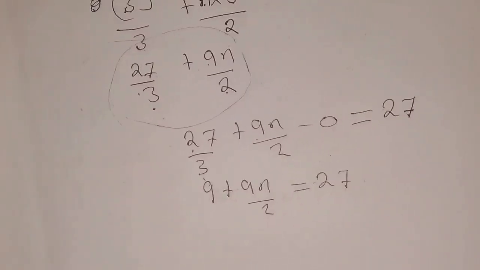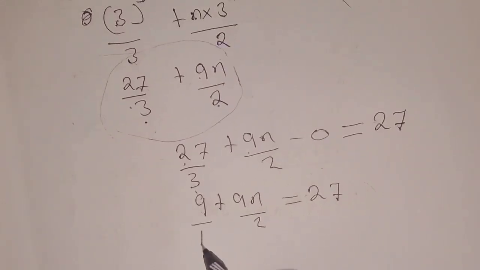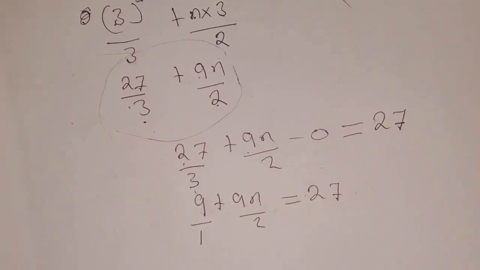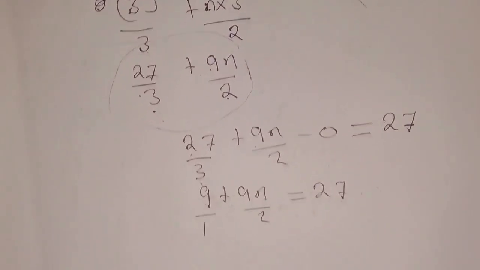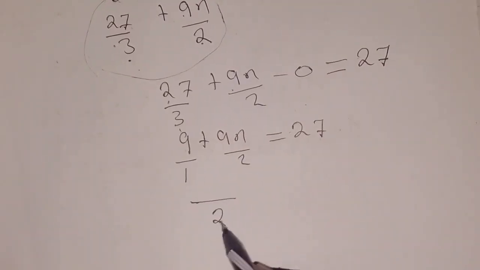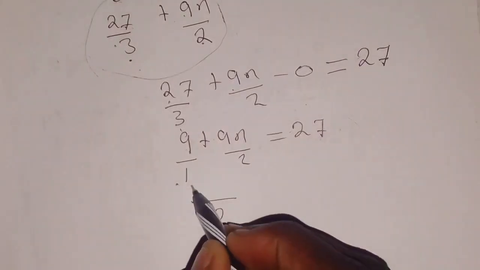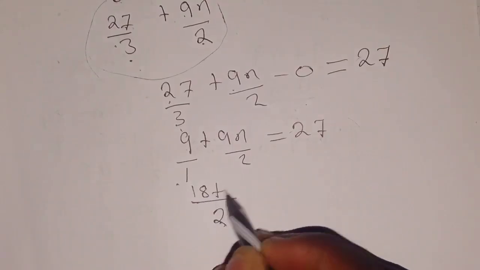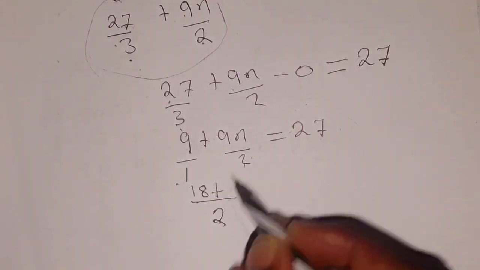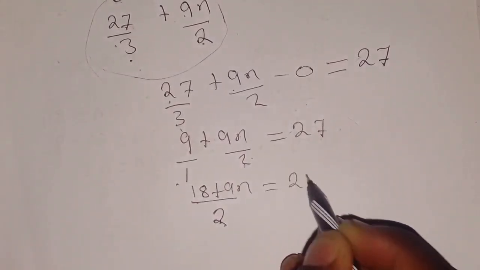Having reached this side, you now find the common denominator. What do I mean by the common denominator? I mean a number which these two can go into without leaving any remainder. So it's 2 itself. 1 into 2 is 2, 2 multiplied by 9 is 18, plus 2 into 2 is 1, 1 multiplied by 9n is 9n, equals 27.